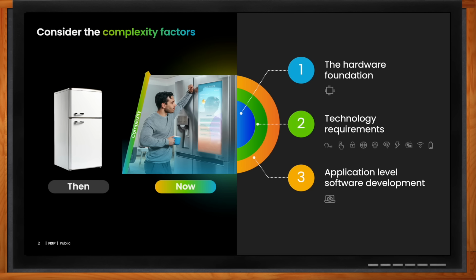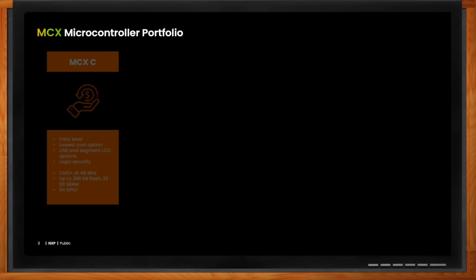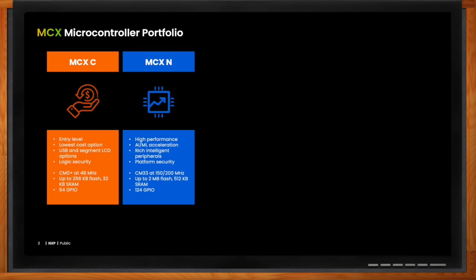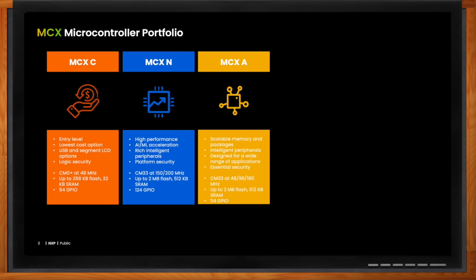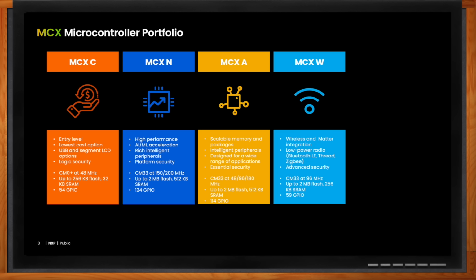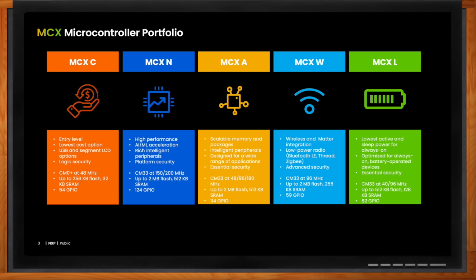But now we can offer the customers a very easy to understand single portfolio that reaches that range of applications and that range of requirements that customers have. And so if we look at the MCX portfolio, for example, the portfolio includes the MCX-C, the MCX-N, the MCX-A, the MCX-W, and the MCX-L. Each of those fit a very nice requirement for customers' products and applications.